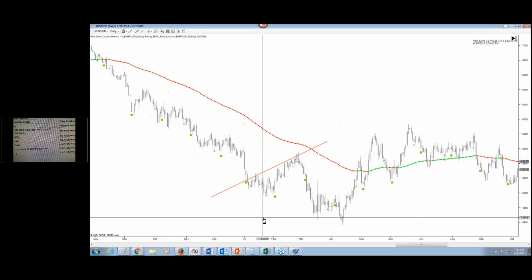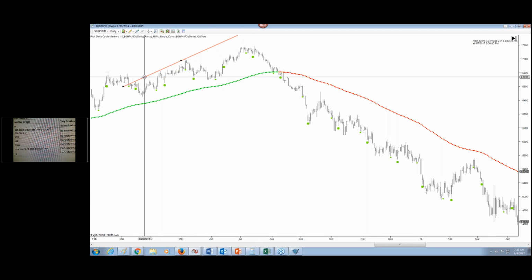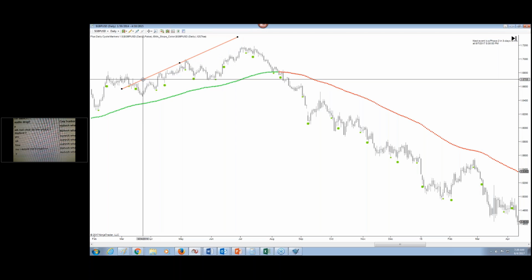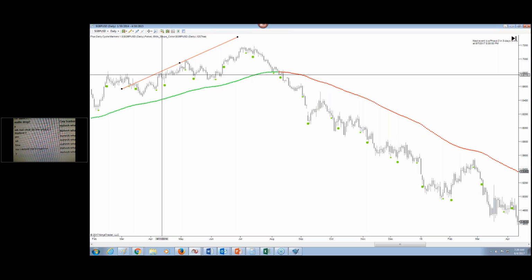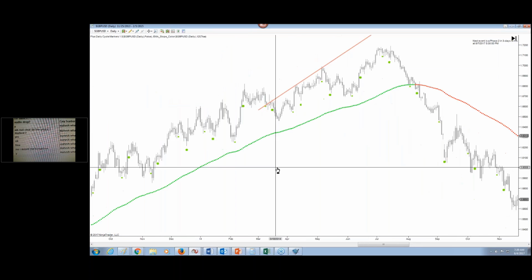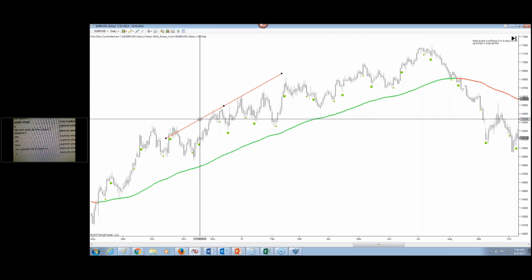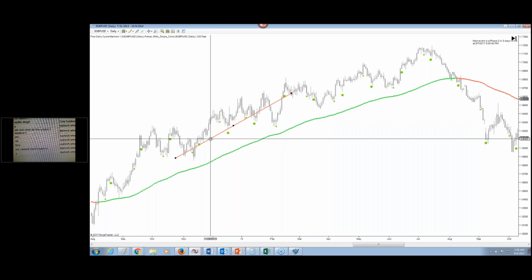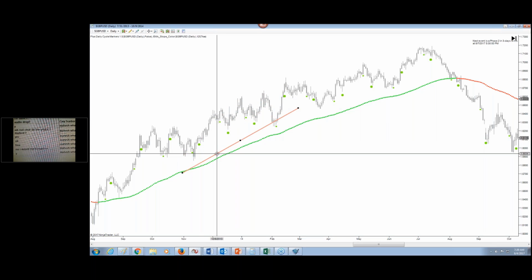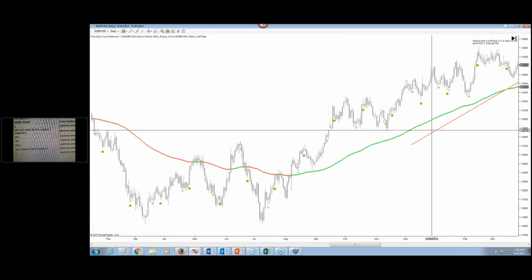So I keep going back and I keep going back. And Mahesh, look at that. That angle is important to this market. And without getting too deep into it, angles are based on time.